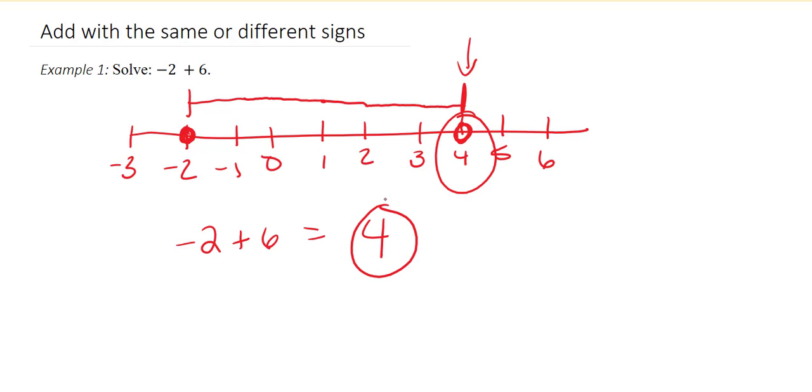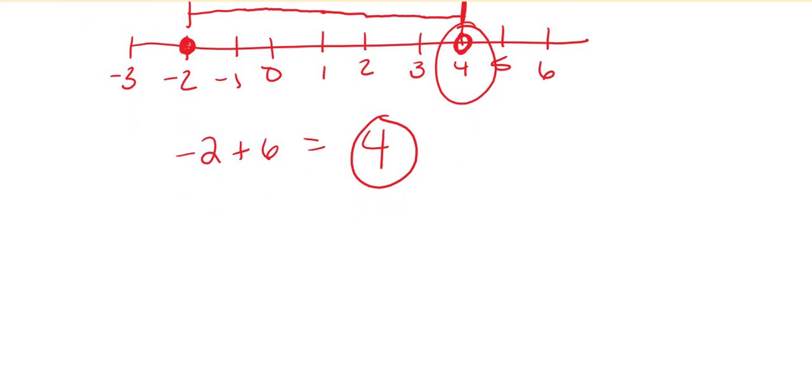Now, I'm going to show you another way we could have solved this, and another way you could have seen. So we could have gone 6 minus 2, right? This negative sign, if we were to move it to right here where we go 6, and then just go -2, that would also get us to 4, right?